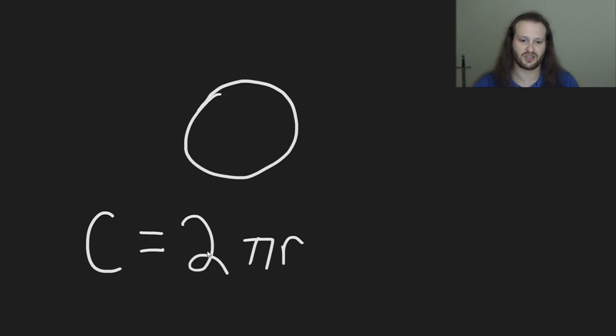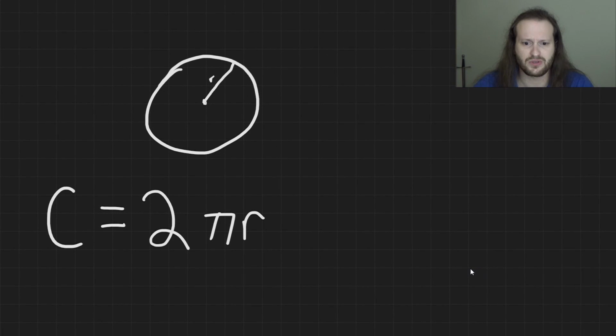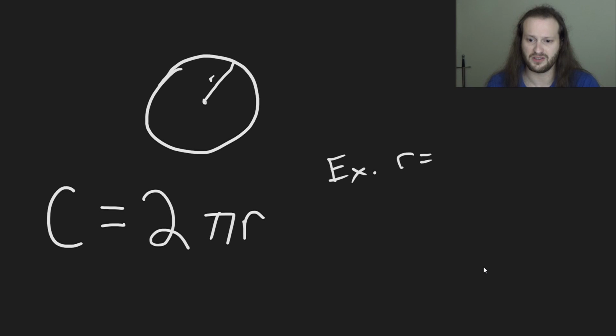Now, 2 is a constant, pi is a constant, so this only depends on the radius you're given or the circumference that you're given. Now you can just start plugging in values for r. Like, let's say you have a circle, the radius is 5, and then we want to find the circumference of that circle.